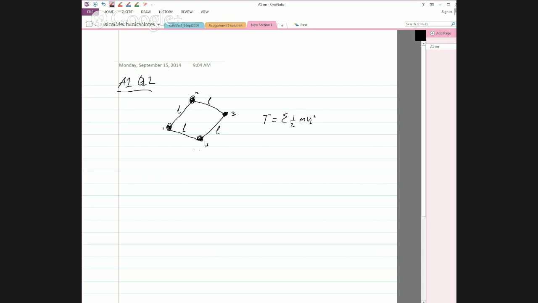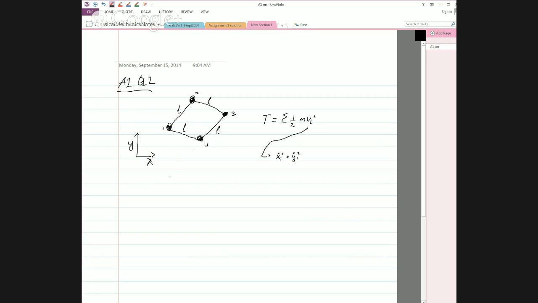So if you don't reduce the number of degrees of freedom and you introduce an x and y coordinate system, this v_i squared for each mass is its x_i dot squared plus its y_i dot squared, right?